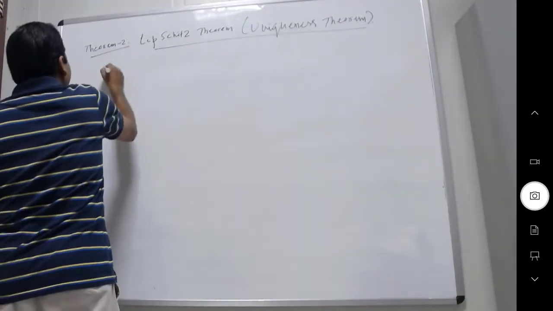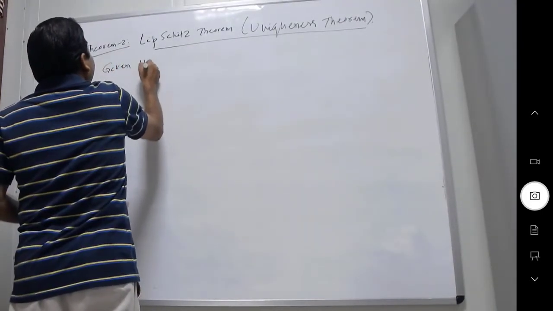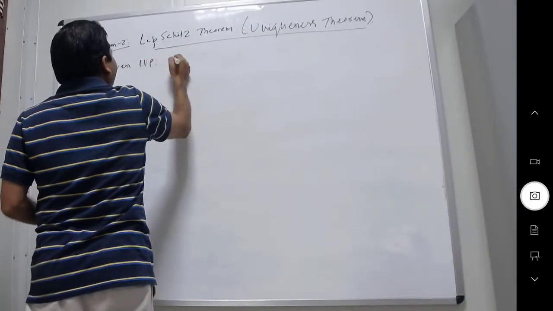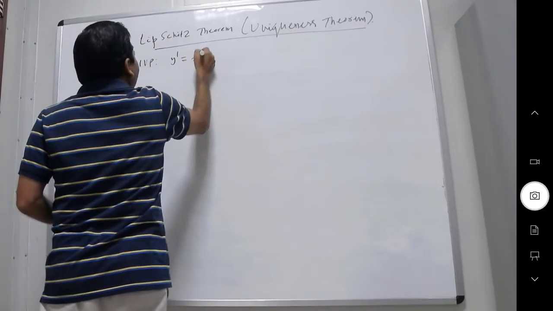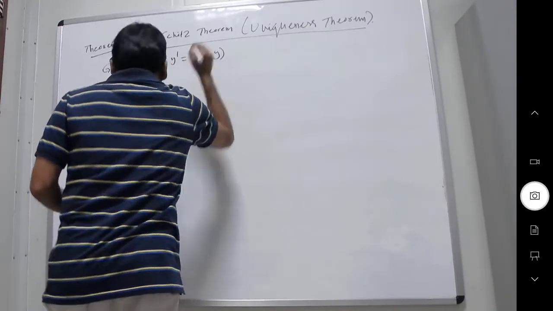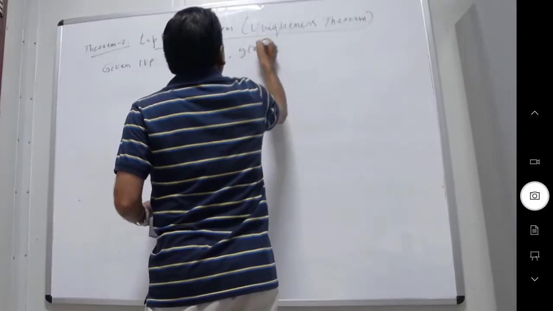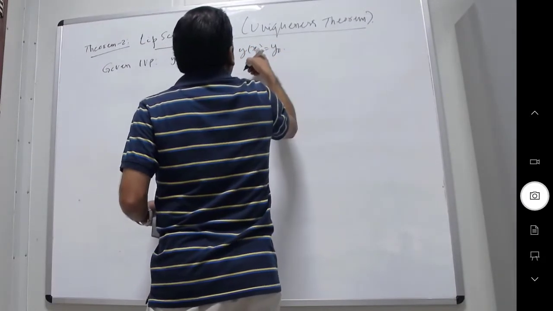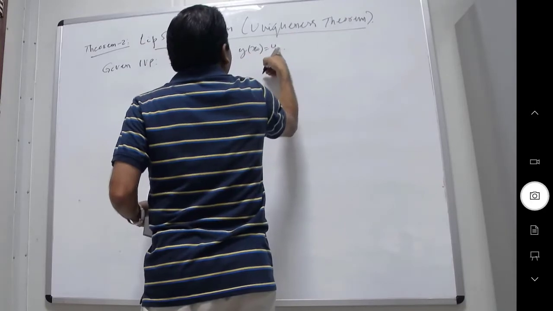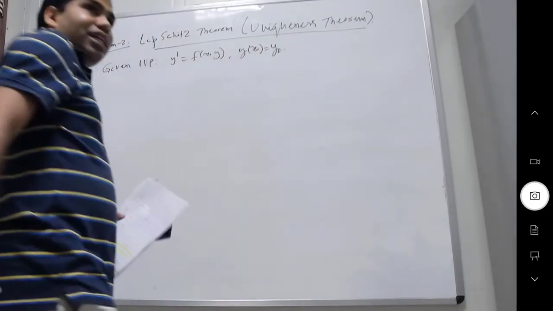So what is given? You must know. You have a given IVP, y dash is equal to f of x comma y, and the initial condition is y of x naught is y naught. So that means the solution is known, which is constant y naught at the point x is equal to x naught. Okay.